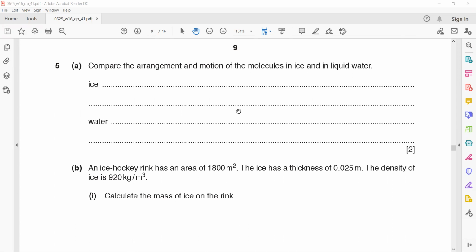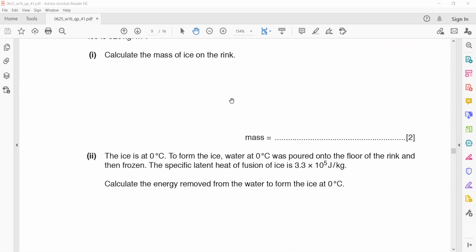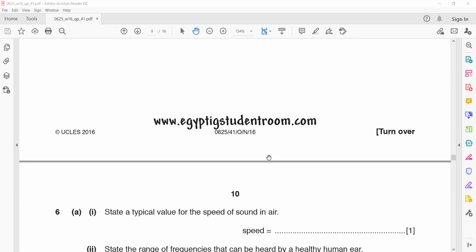Question 5, any doubt? Five part 2. You mean B2?